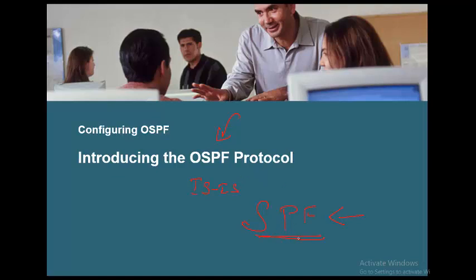Now, SPF is not only used in routing protocols, it is used in various places, like operating systems, to read the data from the hard disk using the shortest path. Your hard disk is full of data at various locations.